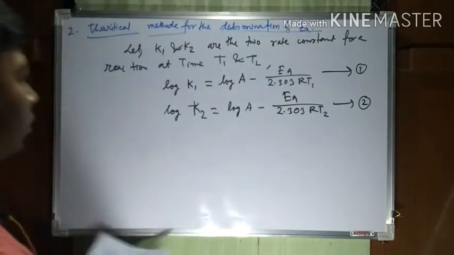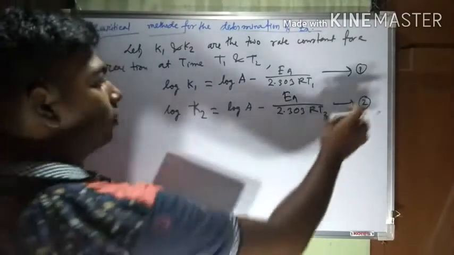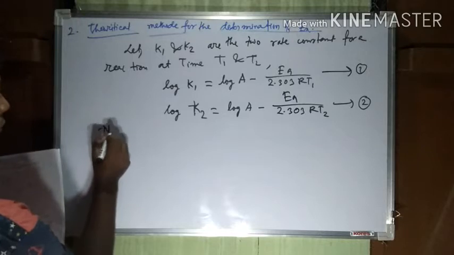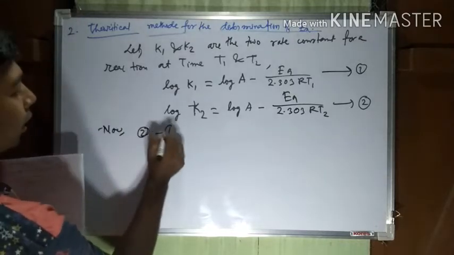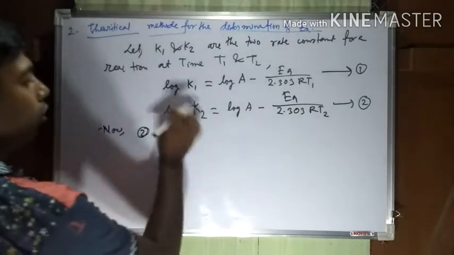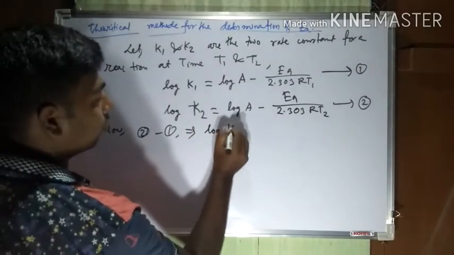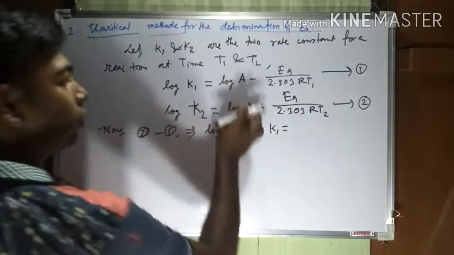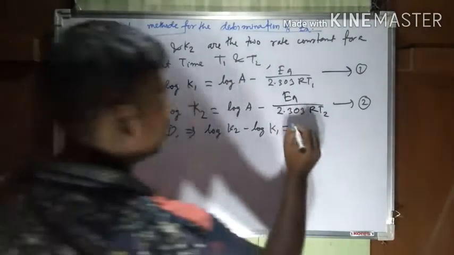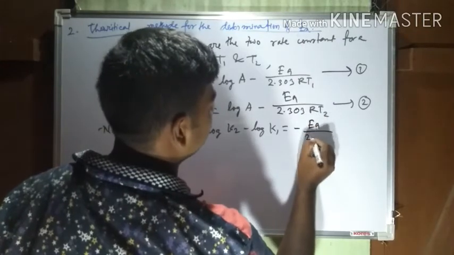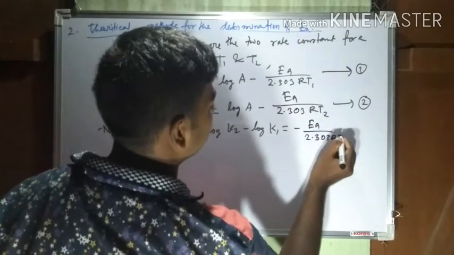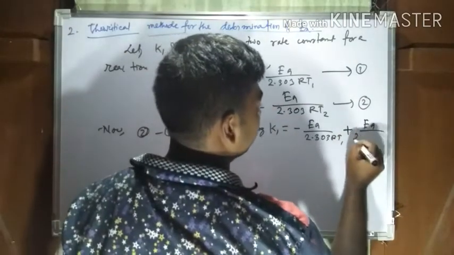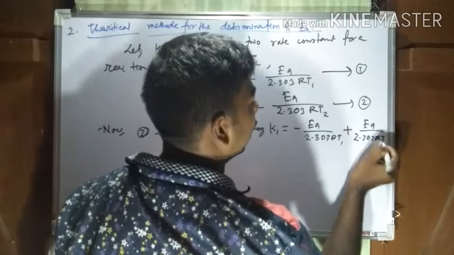Now if we subtract 1 from 2, then it becomes log K2 minus log K1, and log A cancels. It becomes minus EA by 2.303 RT2 plus EA by 2.303 RT1.